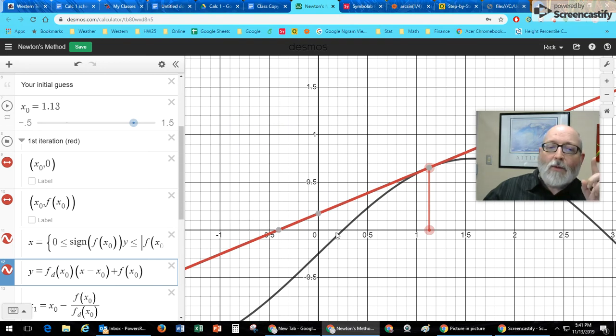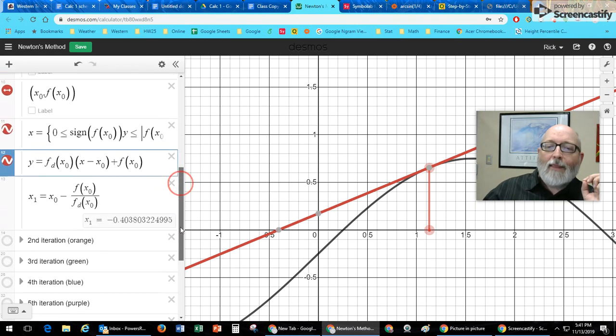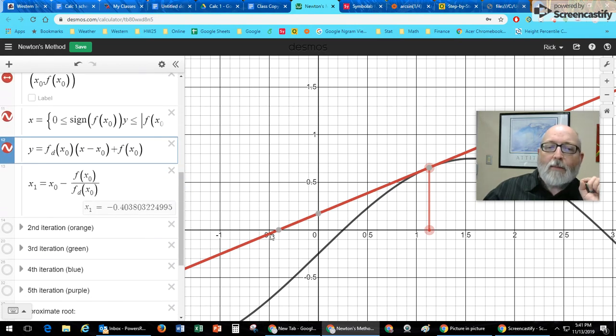But then what I do is I take that number where I crossed, and I use this formula, which is right here, which has the function divided by its derivative. And the book goes through and shows you how this works and how you can actually make this happen so that you find out this next number. And then I use this number to guess the second time.